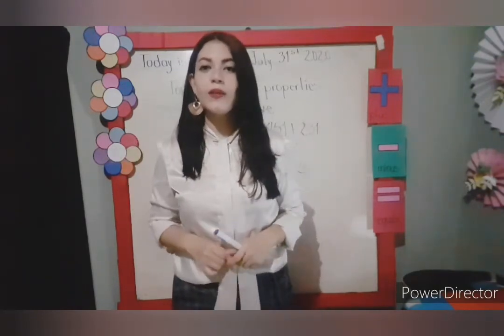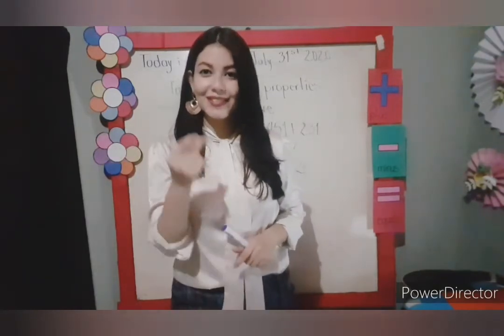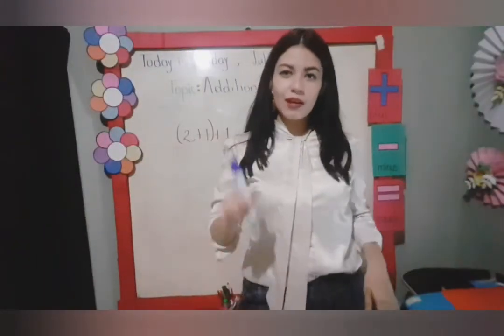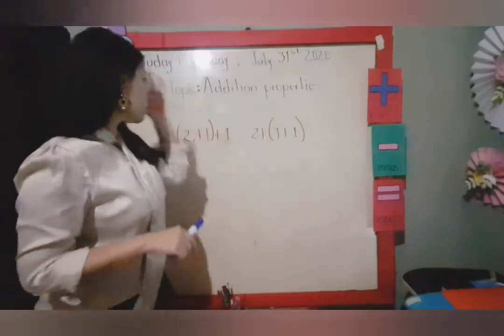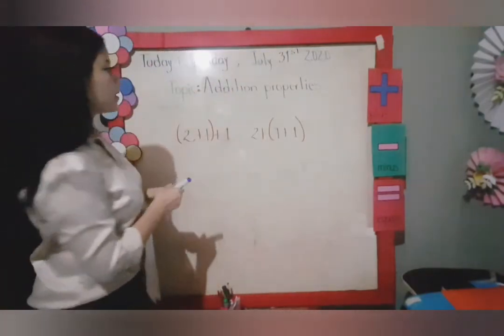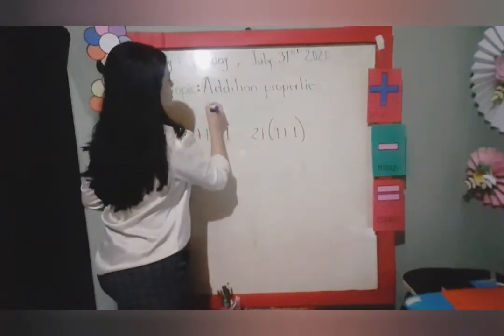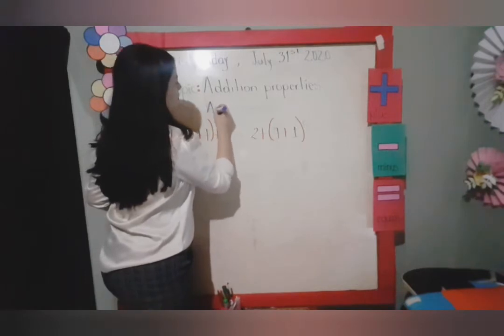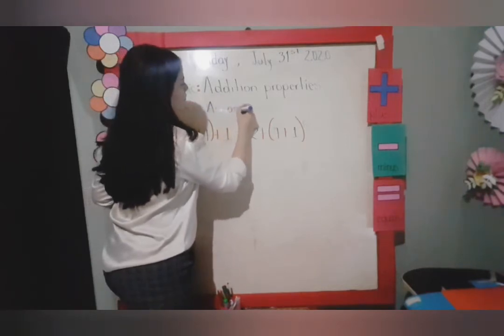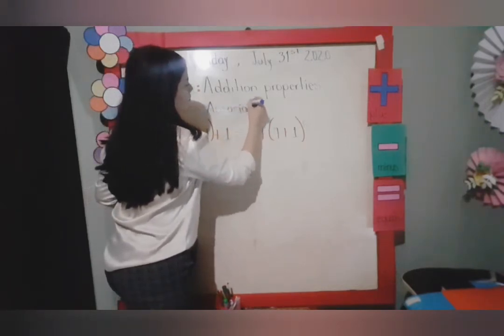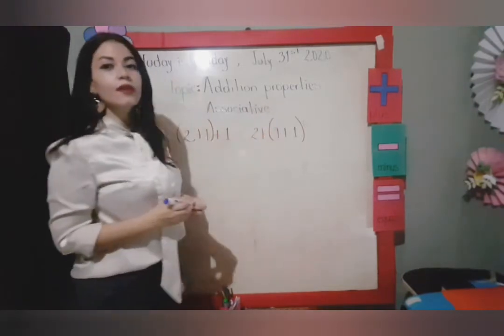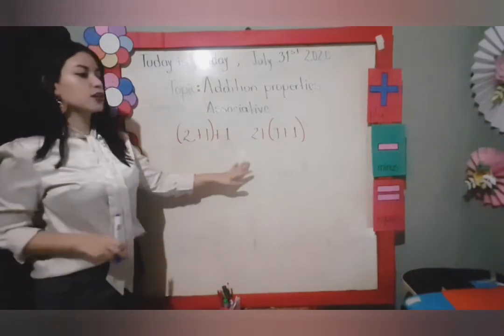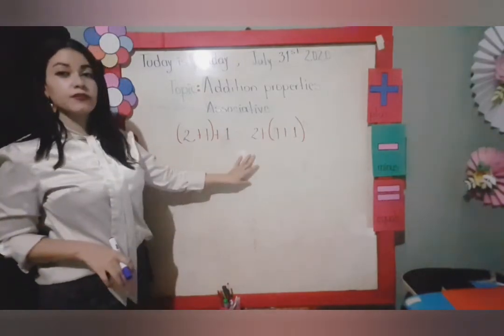Please, again, pay attention. Here again with another example. As you can see, this time we are going to work with the associative property. Okay, we have here a group of numbers in a different way.